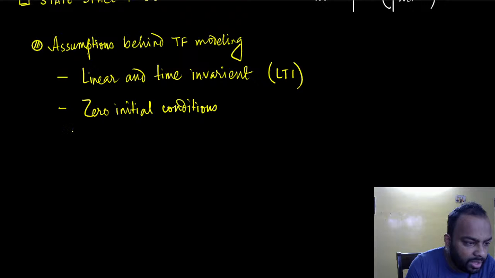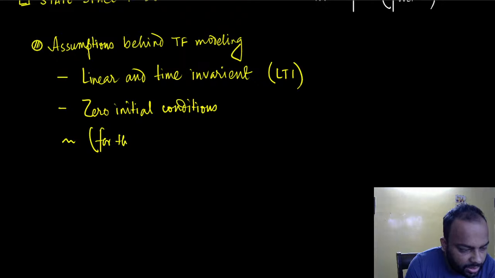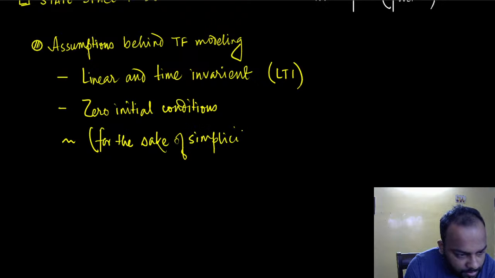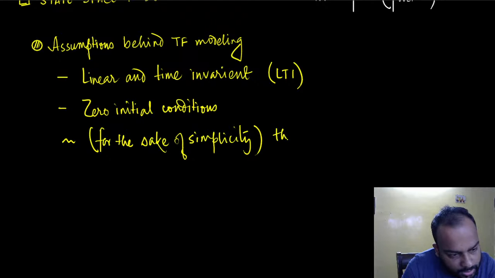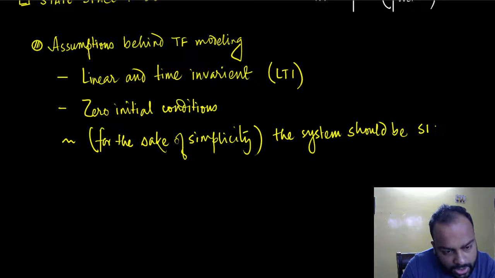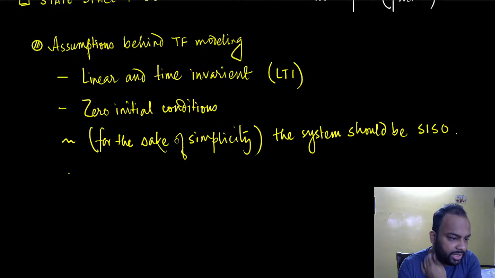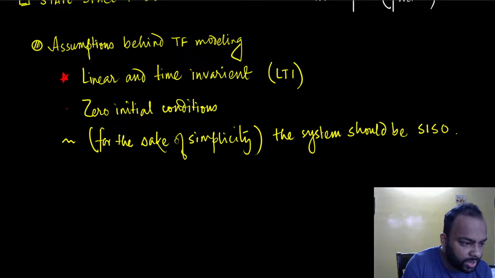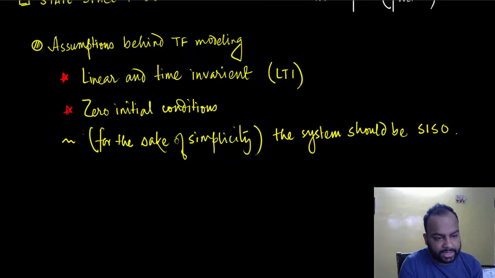And this next one is not really a rule, but for the sake of simplicity, the system should be single input, single output. Again, this is not a condition really, but for the sake of simplicity, the system should be SISO. So the earlier ones are essential conditions. This is not really an essential condition.